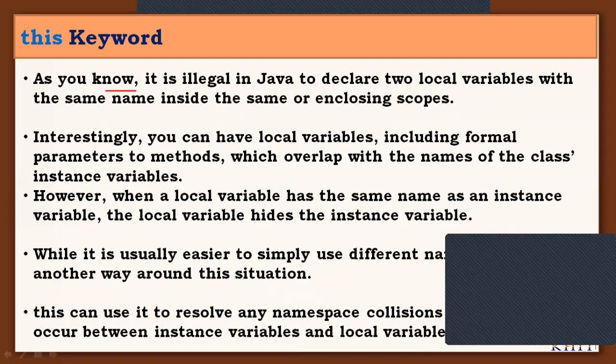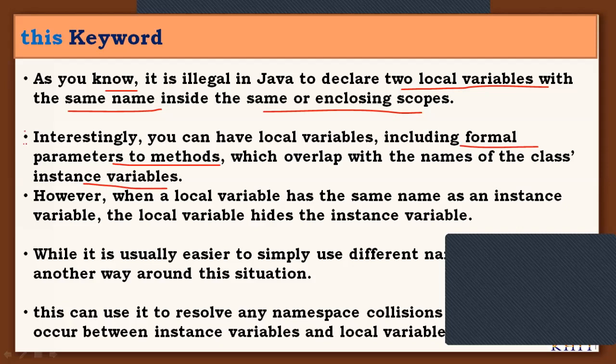Next, as you know, it is illegal in Java to declare two local variables with the same name inside the same or enclosing scopes. In the same scope of a block, it is illegal to declare two local variables. Interestingly, you can have local variables, including formal parameters to methods, which overlap with the names of the class instance variables.